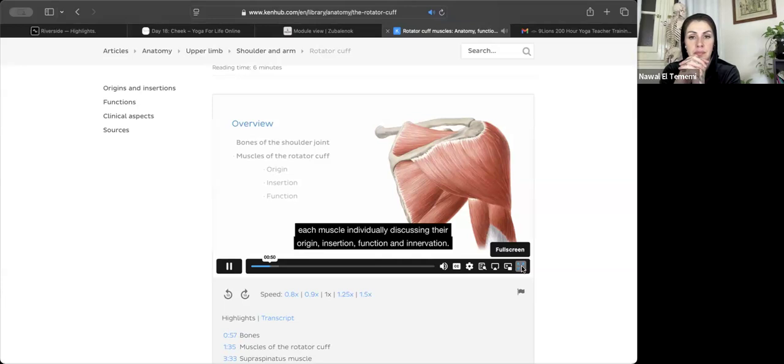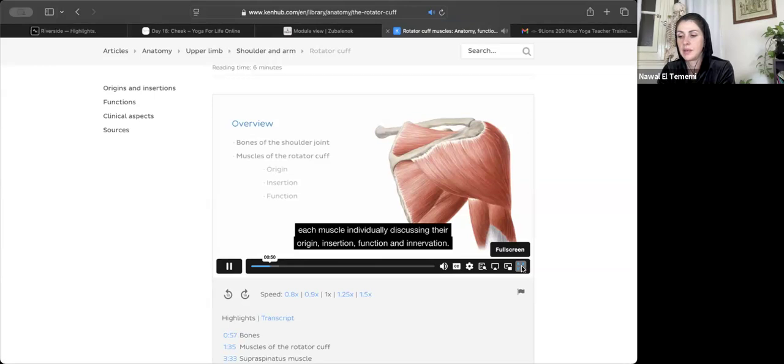A useful tool to help you remember the muscles of the rotator cuff is the phrase the head of the humerus sits in the glenoid cavity. Sits being a handy little mnemonic terms here. S standing for supraspinatus, I standing for infraspinatus, T standing for teres minor, and for subspinatus. Okay, so now that we know what we're looking at, let's give you some information about these muscles there. So generally, the muscles of the rotator cuff originate from the scapula and they insert at the humerus, which is at this point here.